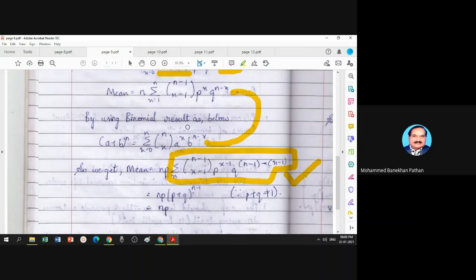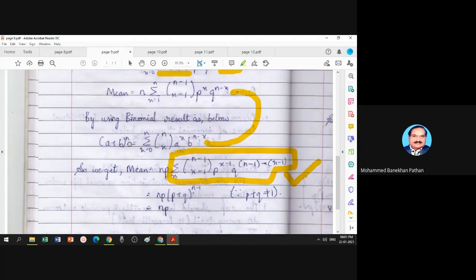That means if you want to apply the binomial result to your step, the power of a should be x, and the power of b is n minus x. And that's why we change p raised to x to p raised to x minus 1. And what is extra? Extra is p raised to minus 1. So this is nullified by multiplying p outside.